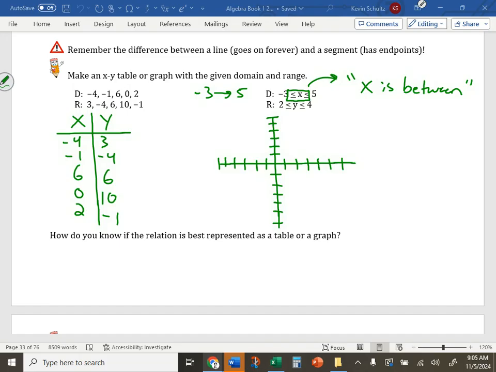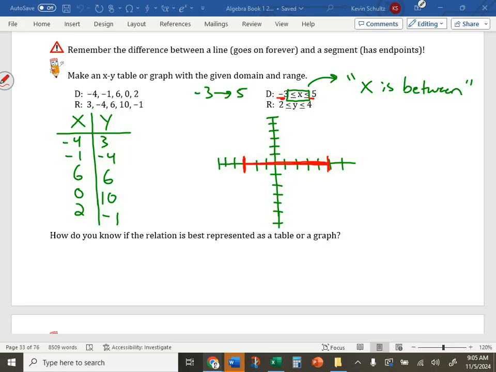We're looking for something that, on the x-axis, I see my -3 and my +5. On the x-axis, it goes from -3 to +5. This is the domain. That's what that first thing tells me, that our domain is between -3 and +5.